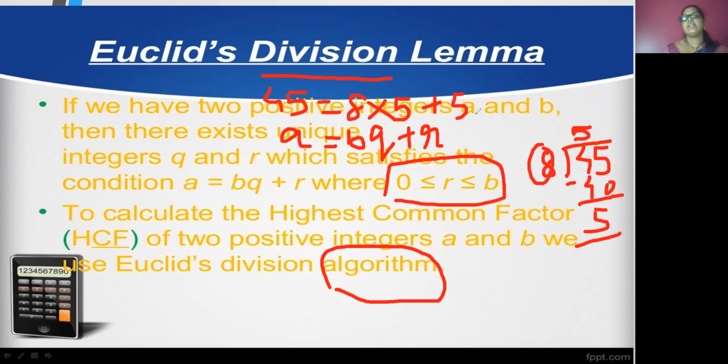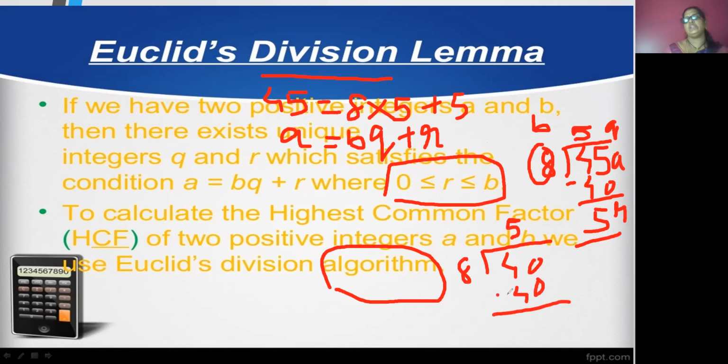Yes. So we have taken divisor as B, dividend as A, quotient as Q and remainder as R. For the condition, take one more example, 40. When you divide 40 by 8, how many times do you get in the 8 table? 8 5s are 40, exactly. Then what is the remainder? The remainder will be 0, when you subtract.